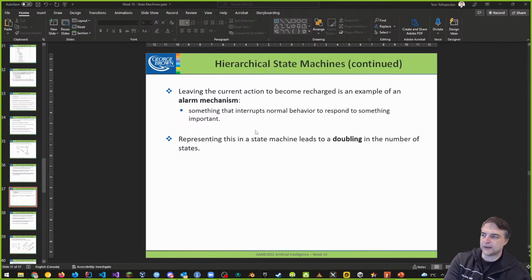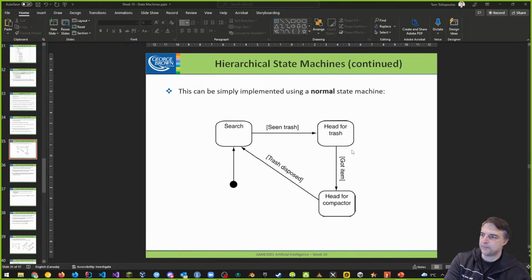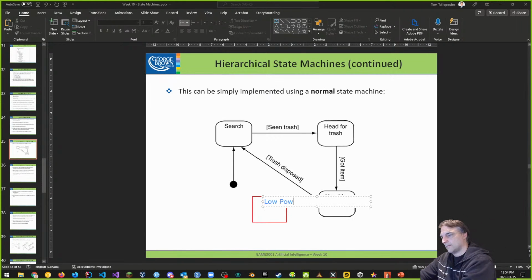Representing this in a state machine leads to a doubling in the number of states. Think about this: if I had an alarm condition that I drew right here, let's draw another box over here. This is low power, an alarm condition.